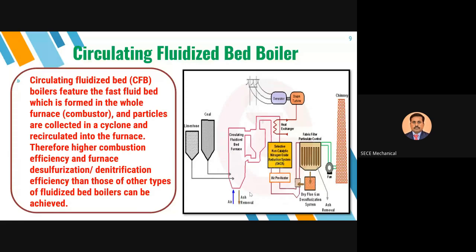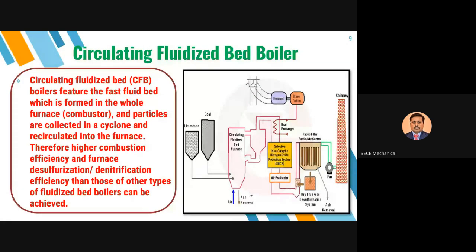And further, the fly ash or toxic gas comes out from your cyclone separator and goes to the selective non-catalytic nitrogen oxide reduction system, called SNCR. With the help of this, it is further reduced. Nitrification and sulfurification take place, and further the particles present in the toxic gases, that is, particulate matter, are removed with the help of the desulfurization system.